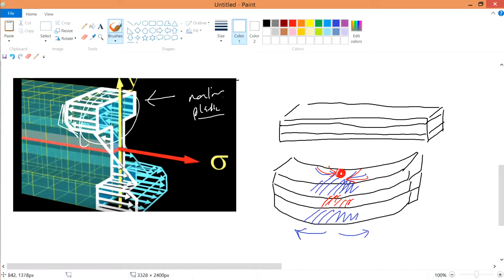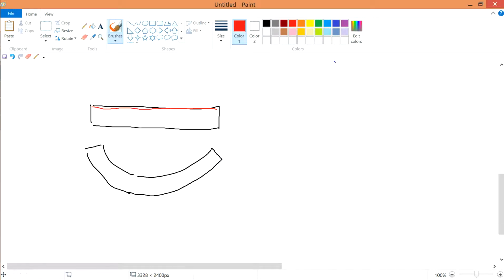For example, if I were to put this beam, let's say we have a straight beam now, and draw a line over here, or maybe apply a layer of water-colored stuff, as you bend, you can see that the line itself starts to go like this.